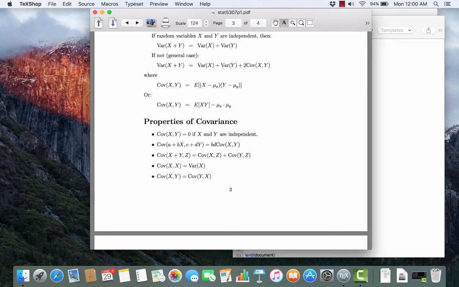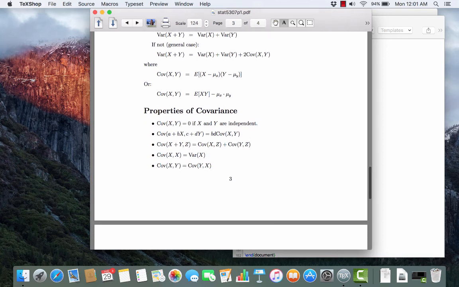The covariance of x and x, that is the covariance of x with itself, is just equal to the variance of x. And you'll see how that works a little bit later when we get into some of the time series where the time is itself, when you have the time period, say, like 3 and 3. And then the covariance of x and y is equal to the covariance of y and x.